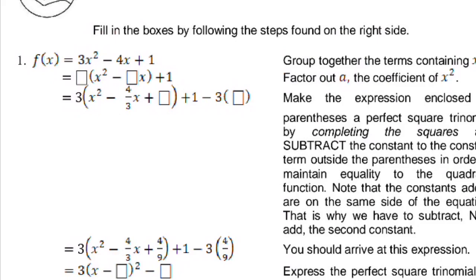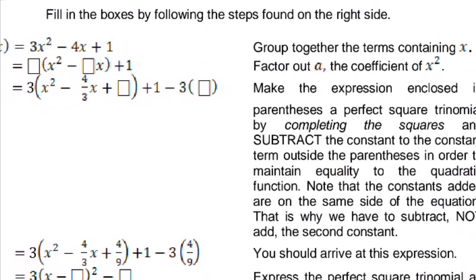This is grouping the variable terms, then plus 1. So factor out a. In the first blank we put the value of a, which is 3.